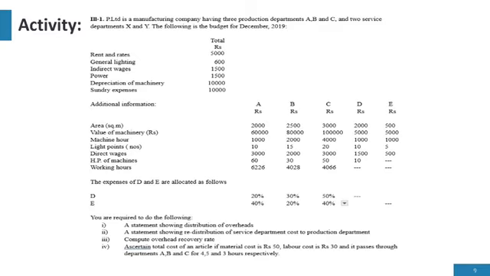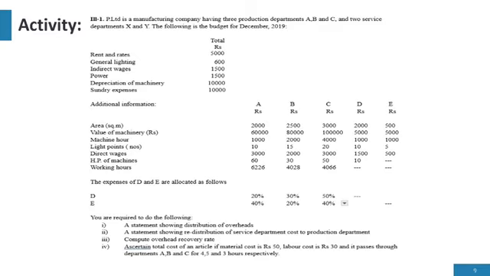General lighting 600. Indirect wages 1,500. Power 1,500. Depreciation of machinery 10,000. Sundry expenses 10,000. Additional information.